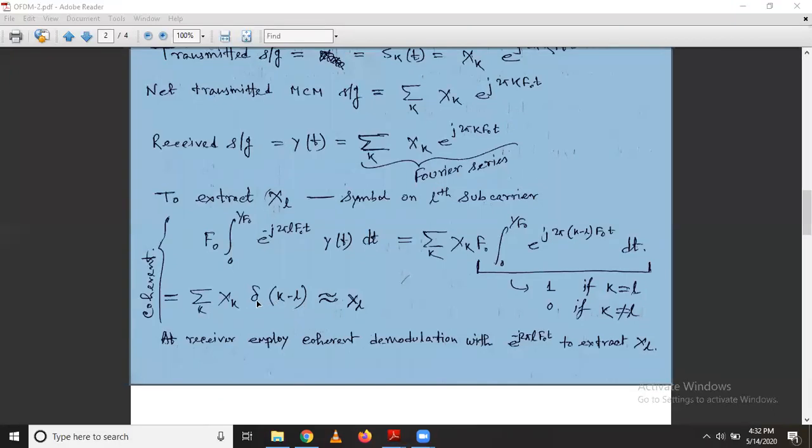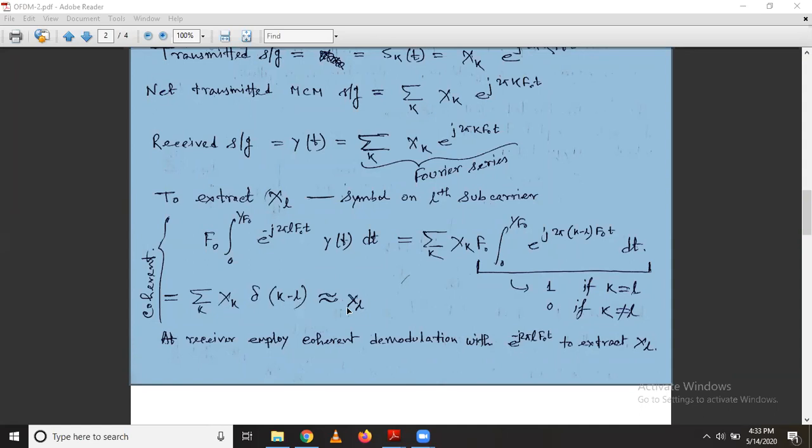Now 1 is multiplied with the signal, and k − L means k is delayed by L. If you multiply these two things, we will have capital X_L. This is the signal we want to get back at the receiver side finally.